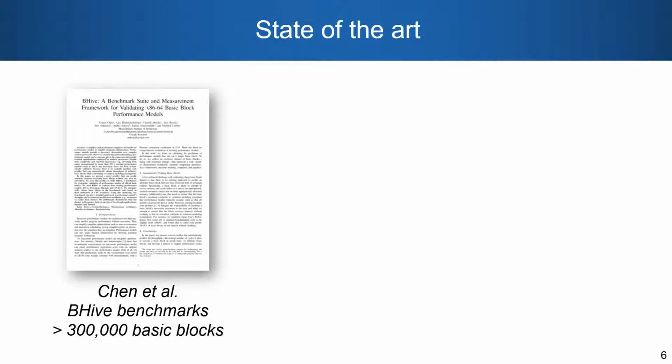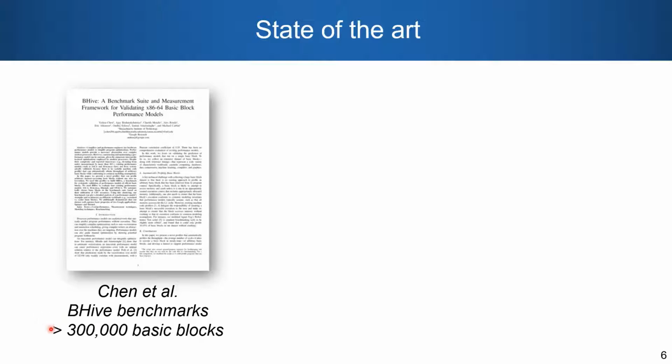To evaluate basic block throughput predictors, in a recent paper, Chen et al. proposed the BHive benchmark set that consists of more than 300,000 basic blocks that were extracted from applications from different domains, like, for example, numerical computations, databases, compilers, or machine learning.